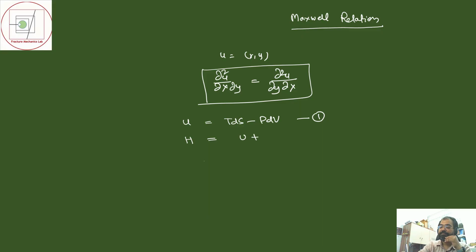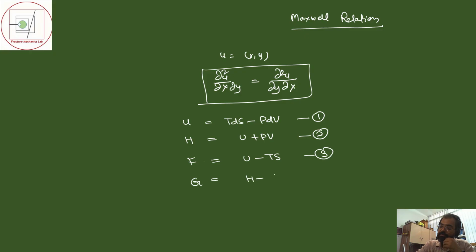And the third potential is Helmholtz free energy, which is U minus TS, and Gibbs free energy is H minus TS. So these are the four potentials. Once you have the potential, the divergence if it is a vector and the gradient if it is a scalar gives you the force for that potential.